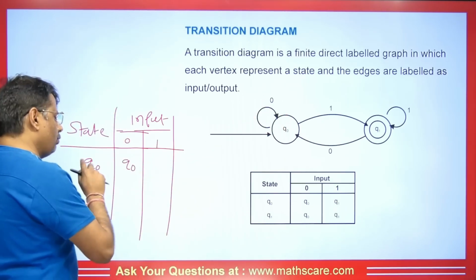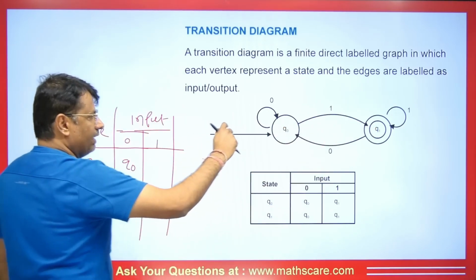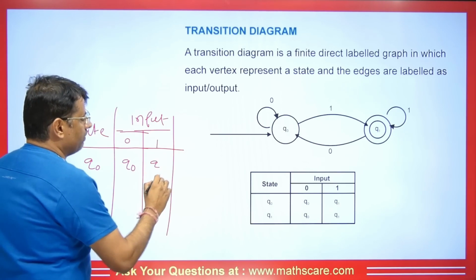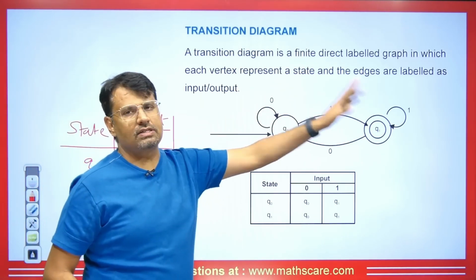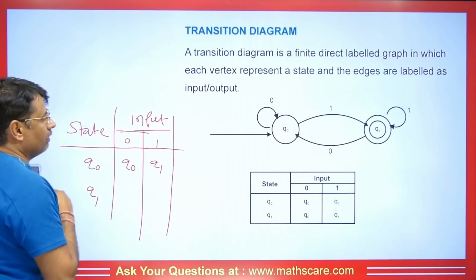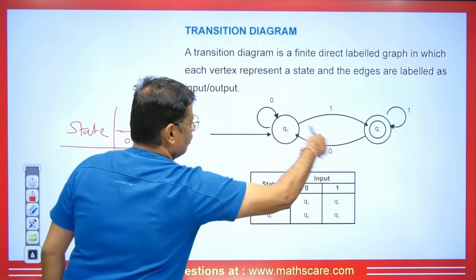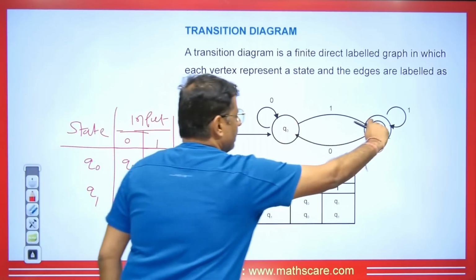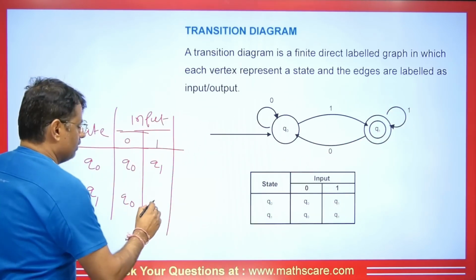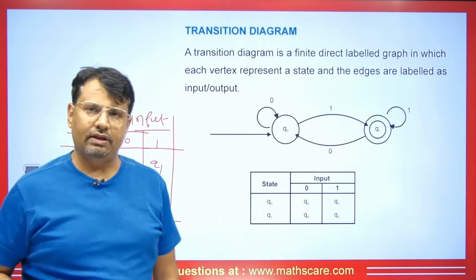And Q0 is going to Q1 on input 1. So on 0 input, it is going to itself, and on 1 input, it is going to Q1. Now let's talk about Q1. Where is Q1 going on 0 input? Q1 is going to Q0 on 0 input, and on 1 input, it's going to itself, so it will be Q1 here. So this is what we have. Its table is made, correct?